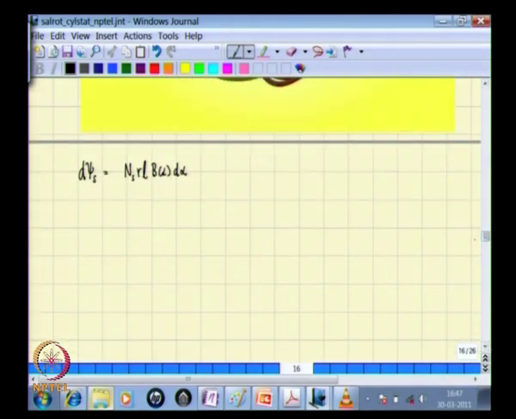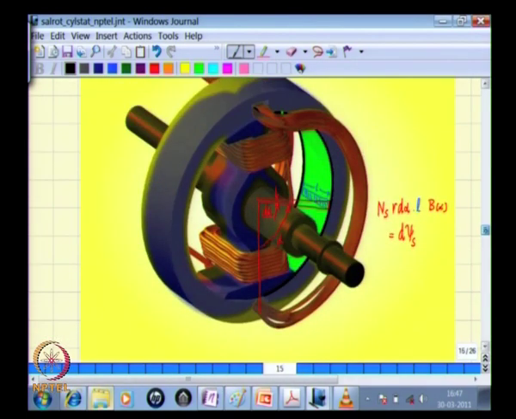If this is the flux linkage due to this elemental area, the total flux linkage is obtained as psi s equal to the integral of this. Note that one end of the coil is in this slot, and another end of the coil is in this slot.